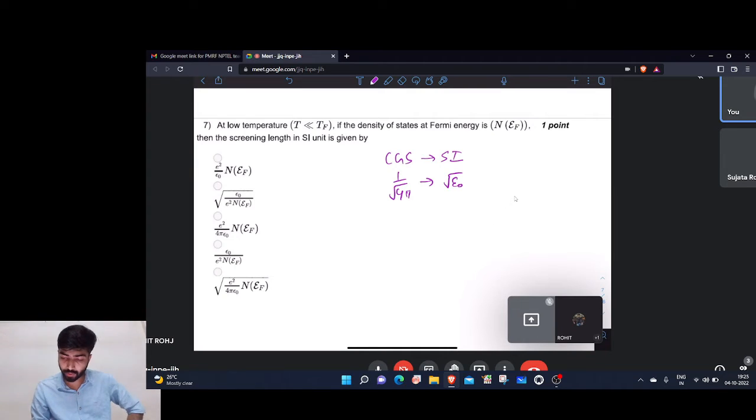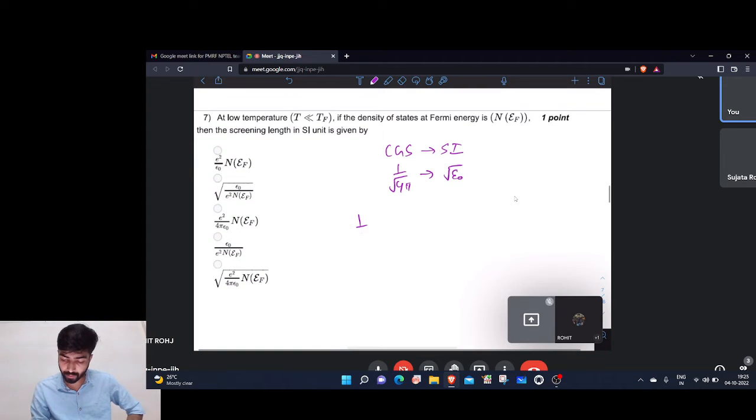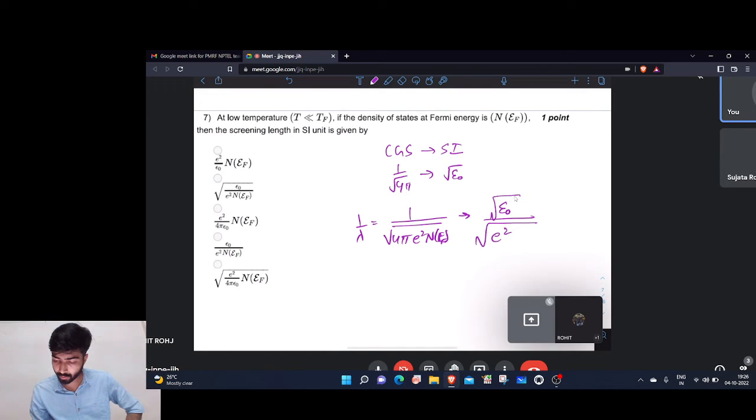So our expression for Fermi screening length, that is 1 by lambda, which we know in the CGS system as 4 pi e square n of EF, becomes epsilon naught divided by e square n of EF, all under a square root, combining the two square roots in numerator and denominator.